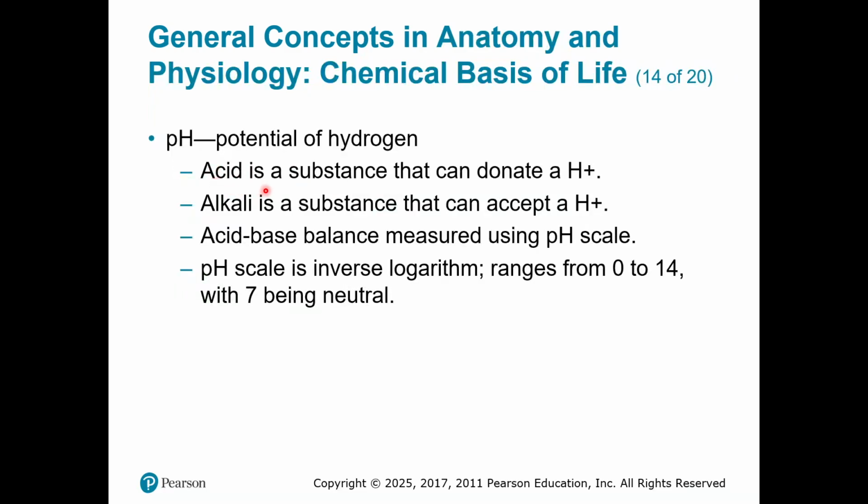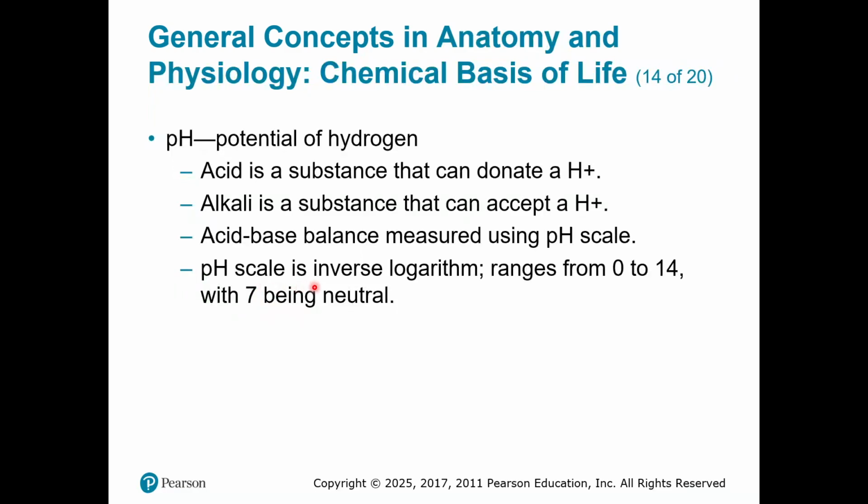So acid here is a substance that can donate a hydrogen. And we'll talk about how that donation process works. Alkali is a substance that has enough in it to where it could accept a hydrogen. We're talking about a hydrogen ion here. Acid-base balance uses a measure called the pH scale.